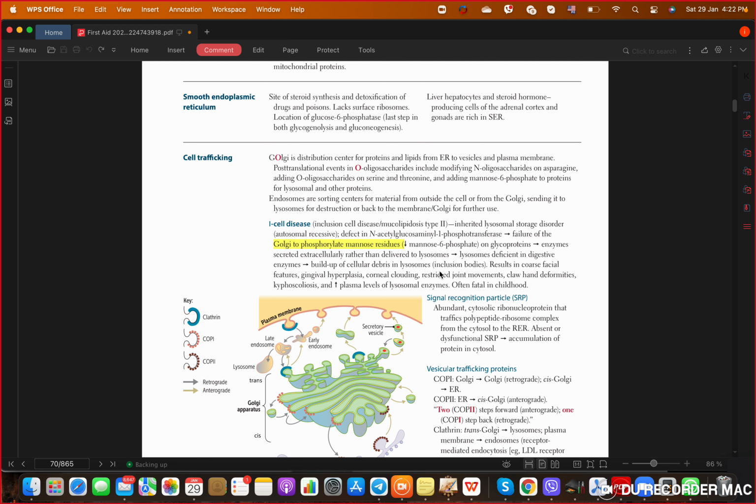It does the packaging by recognizing the amino acids, like adding oligosaccharides on it to see where it's going to send it. And if it doesn't like something, it will attach mannose 6-phosphate and send it to the lysosome for destruction. And endosomes are organelles which take any protein from the outside which is trying to come inside. If it likes it, it will send it to the Golgi apparatus. If it doesn't like it, then it sends it to lysosomes for destruction.